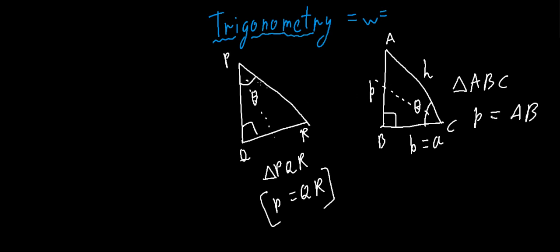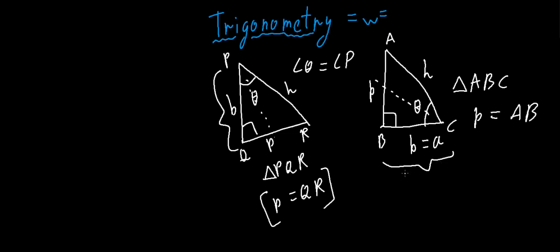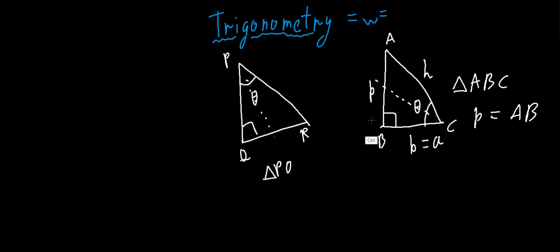However, in triangle PQR, where angle theta is equal to angle P, the opposite of angle P or angle theta will be QR, making QR the perpendicular, and of course the longest will be the hypotenuse and the last will be the base. So in this case, PQ is now the base, and in ABC, BC is the base. That is the first thing you have to know in order to learn trigonometry.